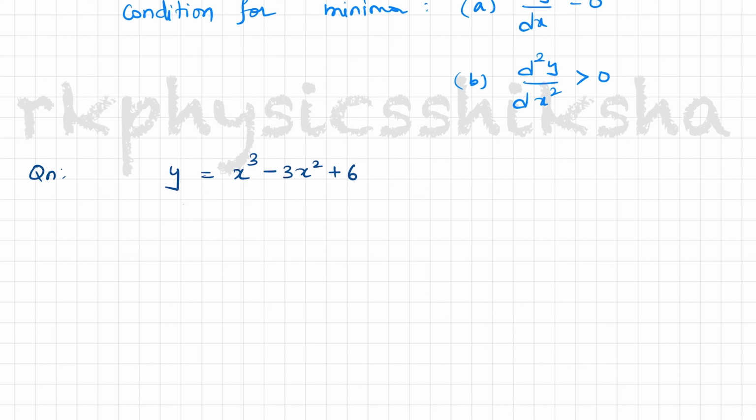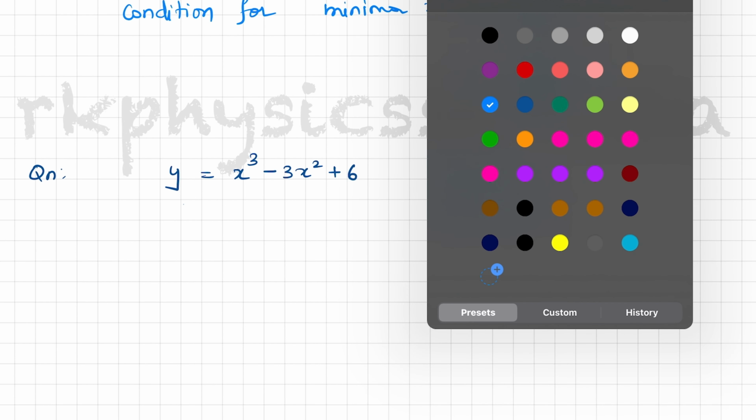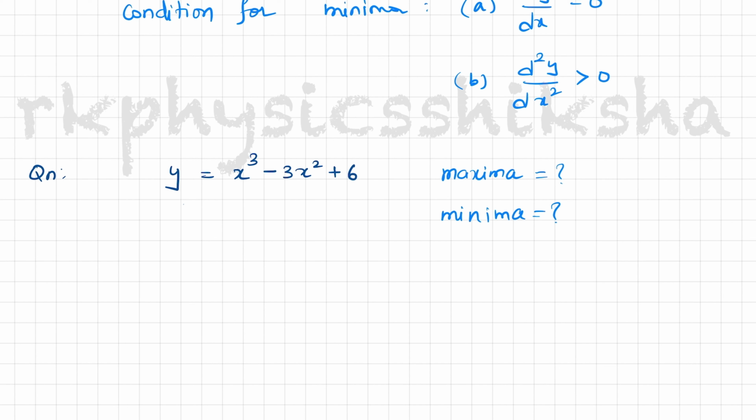Here we have to find maxima and minima of this function. What is the condition that we have for the point to be maxima or minima? Dy by dx should be equal to 0. So first let me calculate the dy by dx.